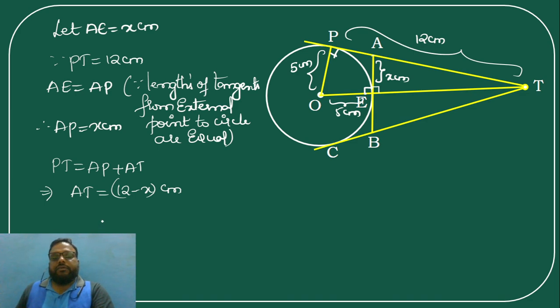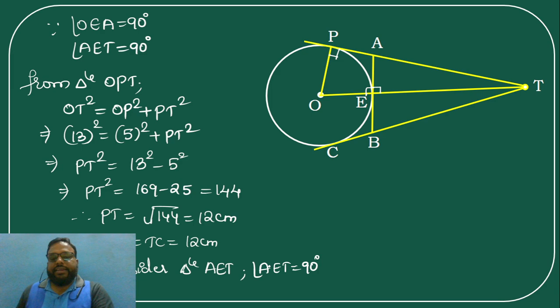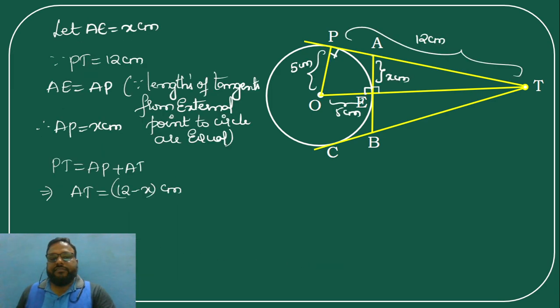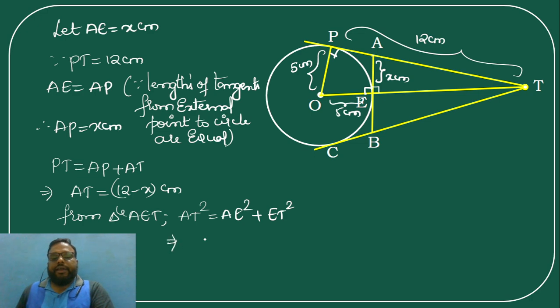Right. So here, since AET is a right angle triangle, as we already took, consider triangle AET where angle AET is equal to 90 degrees. So from triangle AET, I can write that AT square is equal to AE square plus ET square. So AT is nothing but 12 minus X, whole square, is equal to X square plus ET.